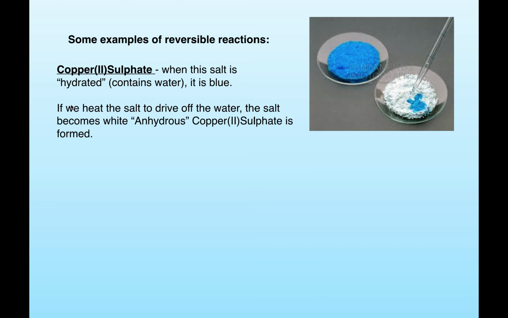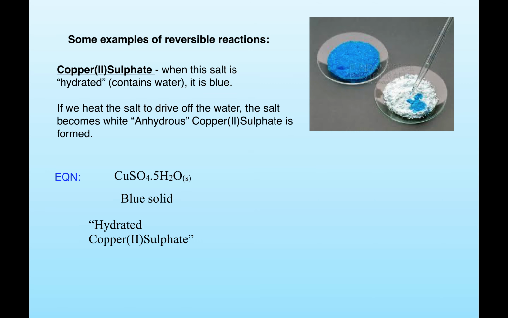If we heat the copper(II) sulfate, the water that's trapped in it escapes, and the copper(II) sulfate becomes white. It becomes anhydrous, which means it's got no water. You can see this in the diagram. This is the hydrated copper(II) sulfate. When we carefully heat it, it forms anhydrous copper(II) sulfate, which is a white solid.